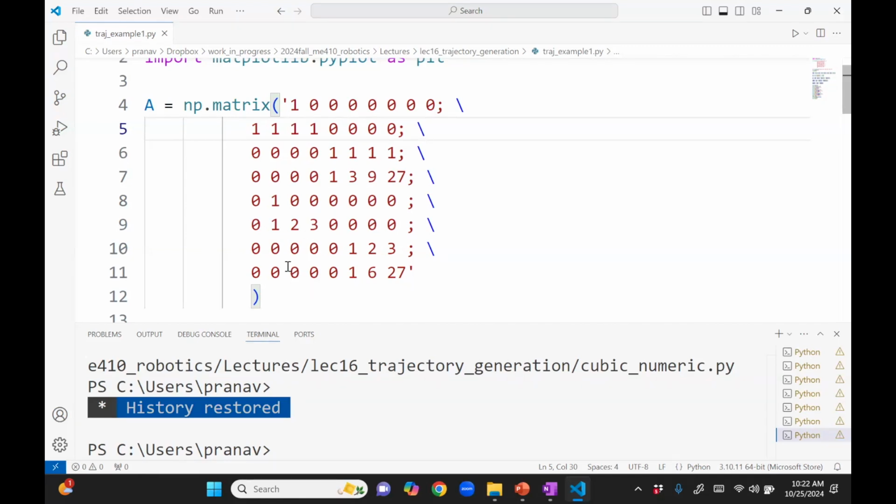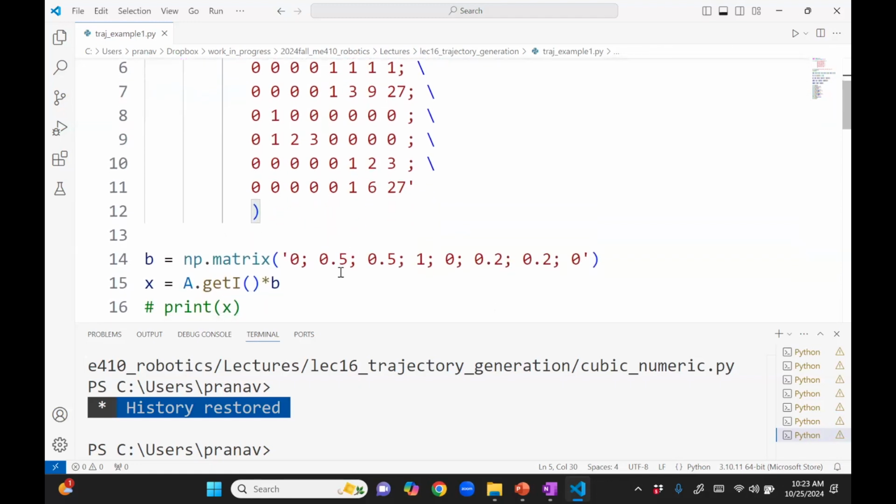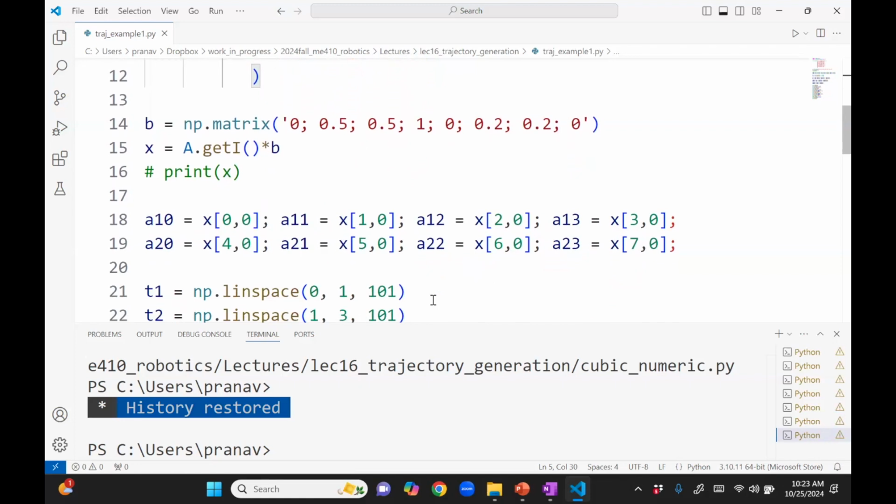It turns out that the way I wrote those equations was slightly different. The order was different, which means that I moved things: these four were the position constraints, and these are the velocity constraints. That's why you see that there are some zeros. But it's just a matter of rearranging the rows. You'll get basically the same solution.